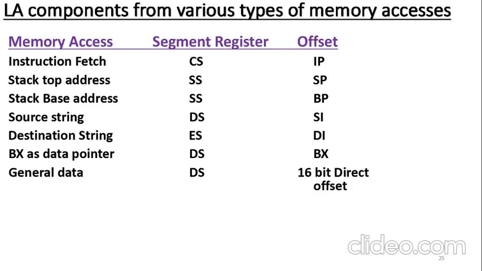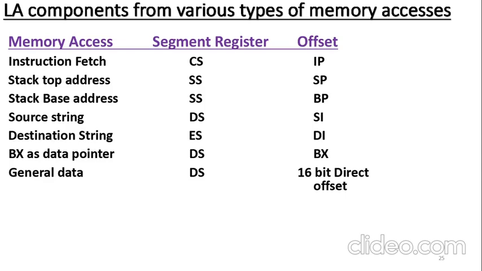But it is to be remembered, whenever general data is to be referred in this way, that 16-bit direct offset is to be defined inside square brackets. This is allowed as per the direct addressing mode, which we are going to see after the instruction set.